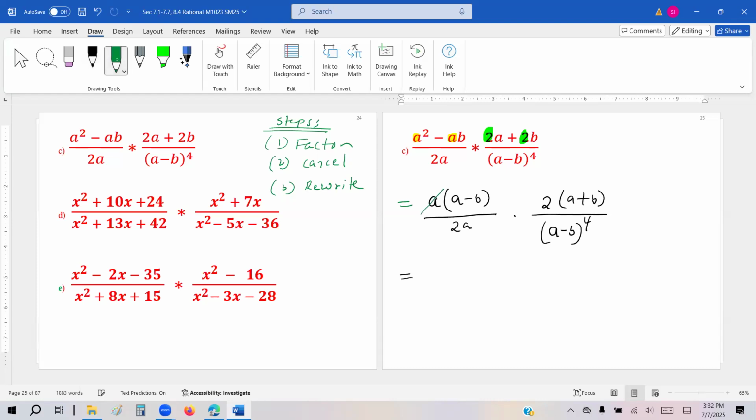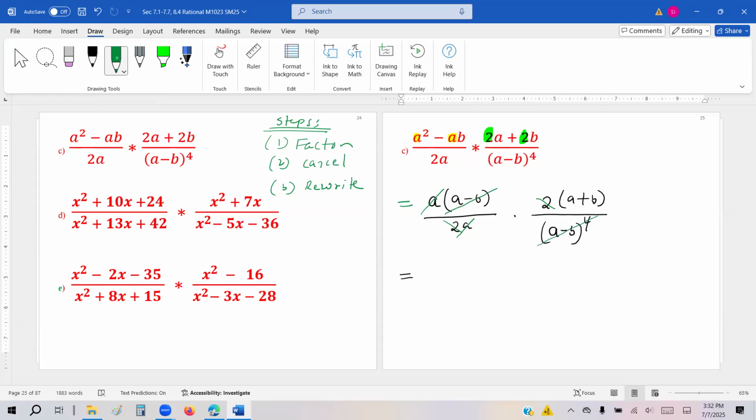A is in the numerator, A is in the denominator. As long as one is in the numerator and one is in the denominator, you can always cancel. We can cancel these 2 with these 2 because that 2 has a times A plus B. So it's a multiplication. Now we have A minus B, 1 of them here, A minus B, 4 of them here.